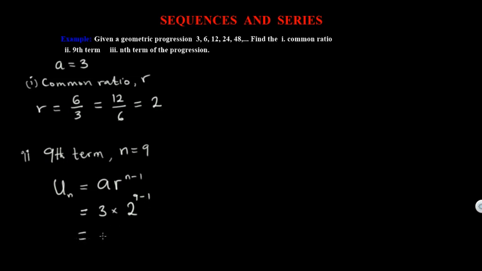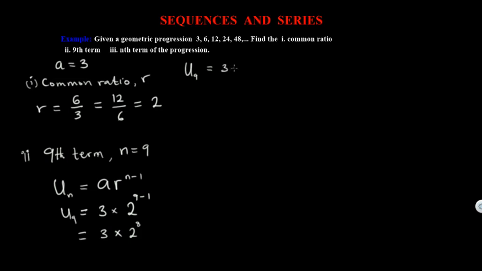So when we solve this problem, we have 3 multiplied by 2 raised to the power of 8. So the ninth term, which is u of 9, is equal to, when you have 2 raised to the power of 8, what would that give us? 256, right?